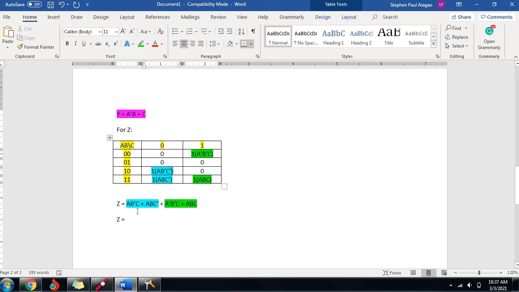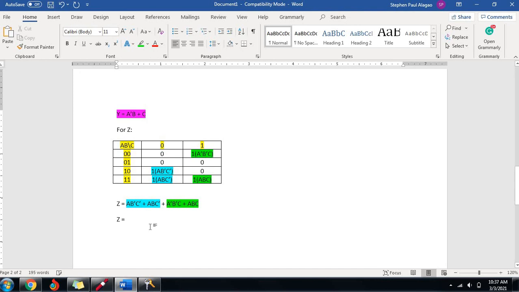So the common here is A, C bar, and then you have B bar plus B. Plus, the common for this one, you have only C, and then you have A bar, B bar, plus AB.